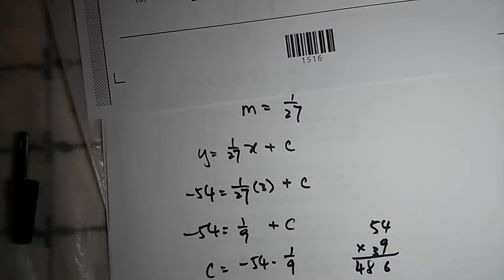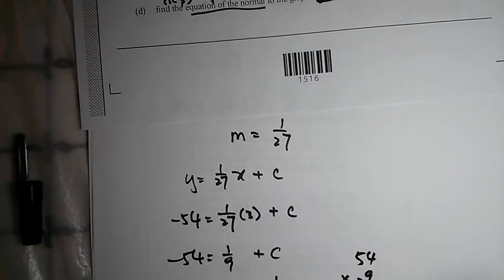This would be negative 487 over 9. And that gives the equation. Therefore, the equation is y equals 1 over 27 x minus 487 divided by 9. And that's it.